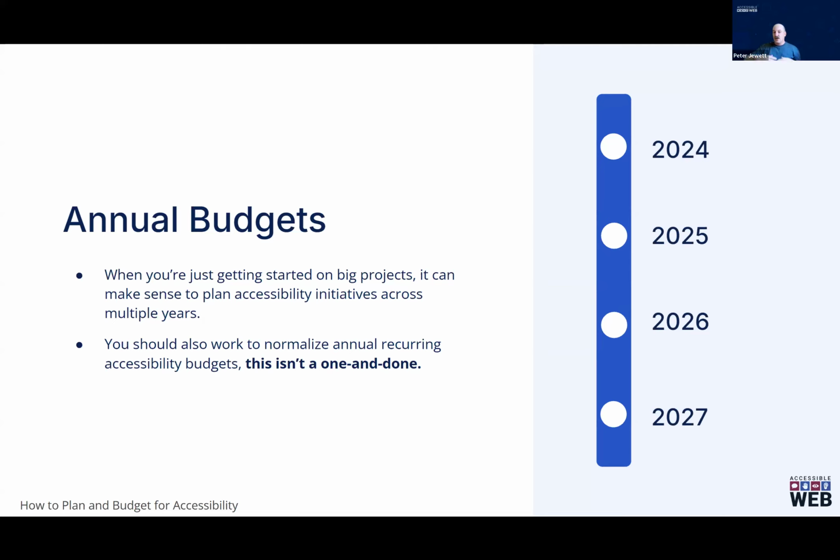And then our goal is to help you to have an annual accessibility budget, just like you're probably doing with an annual SOC 2 line item in your budget, an annual hosting line item, right? So we can help you to work this into next year, whenever your fiscal year works.